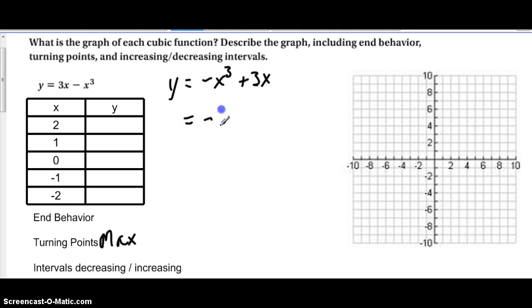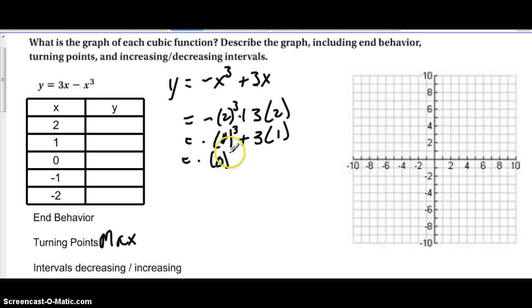We're going to have negative 2 cubed plus 3 times 2. Negative 1 cubed plus 3 times 1. Negative 0 cubed plus 3 times 0. Same thing here.